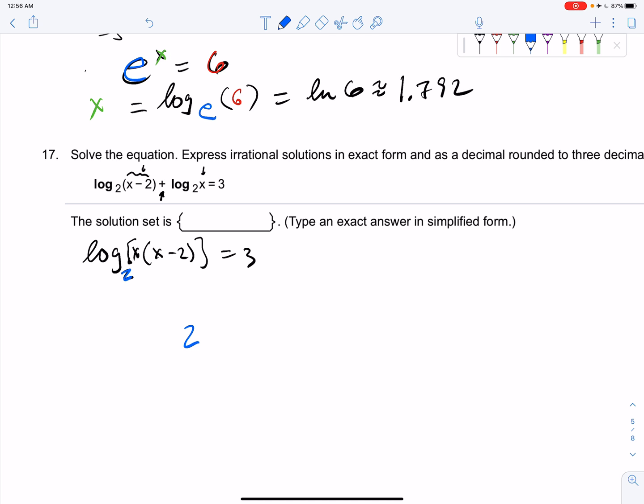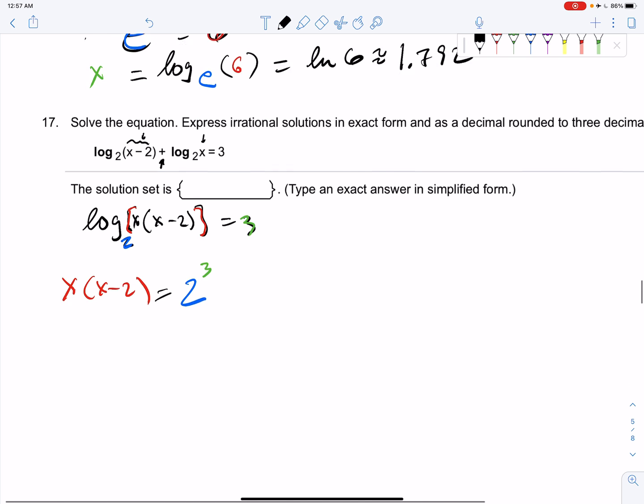So the base, log base 2, goes to an exponential base of 2. Now, raised to what power? Well, what color was I using? Green for that. And it all equals the argument, which is the red stuff: x times x minus 2.